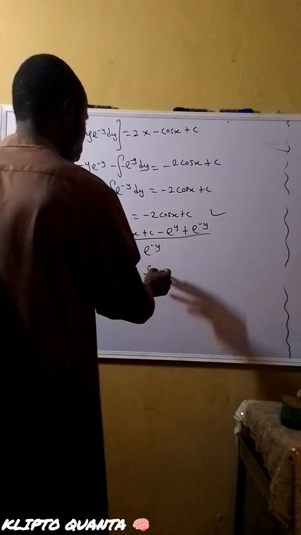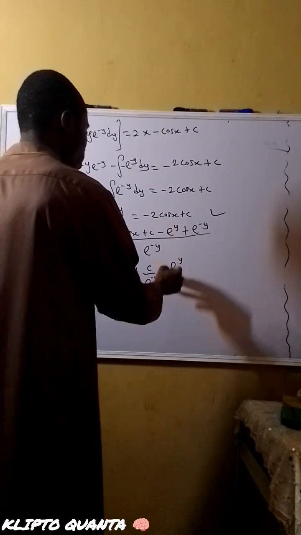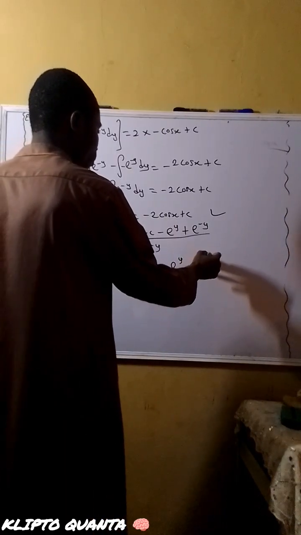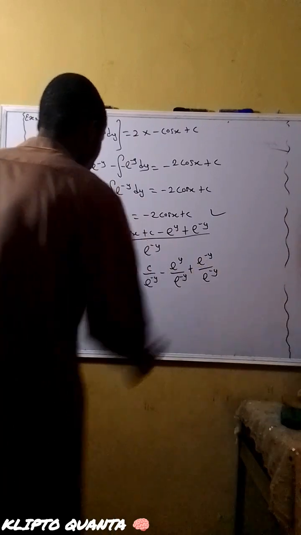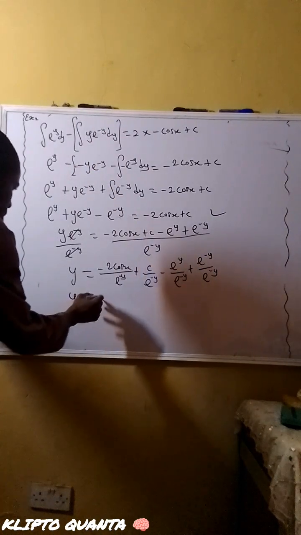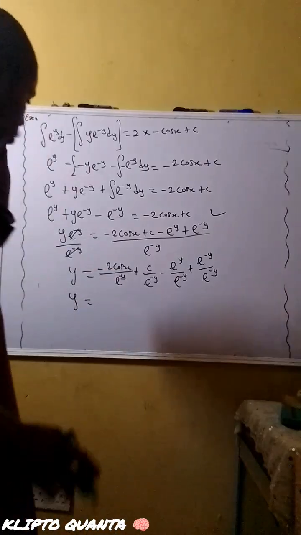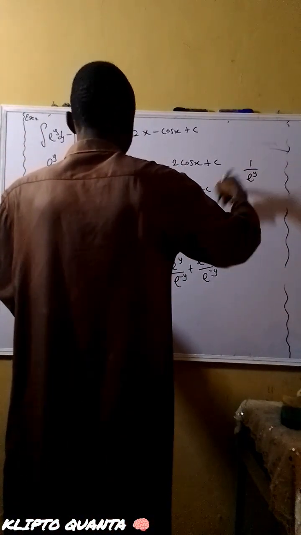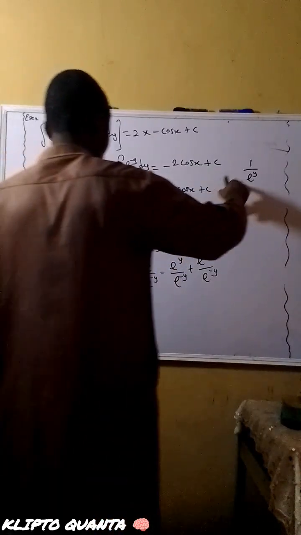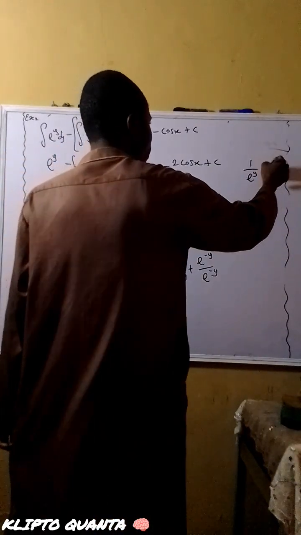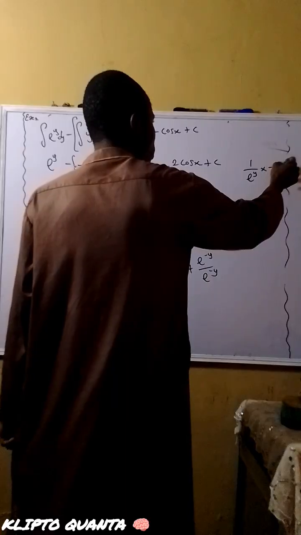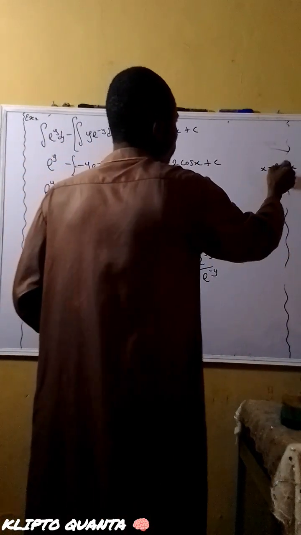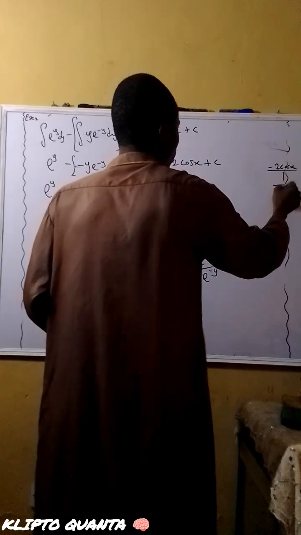Then from here I should know you have negative e raised to power y over e raised to power negative y, right? Then plus e raised to power negative y over e raised to power negative y. So at this point my y will be equal to negative. So automatically you should know e raised to power negative y is just like saying 1 over e raised to power y. So 1 over e raised to power y times negative 2 cos x is just like having this divided by 1 over e raised to power y.